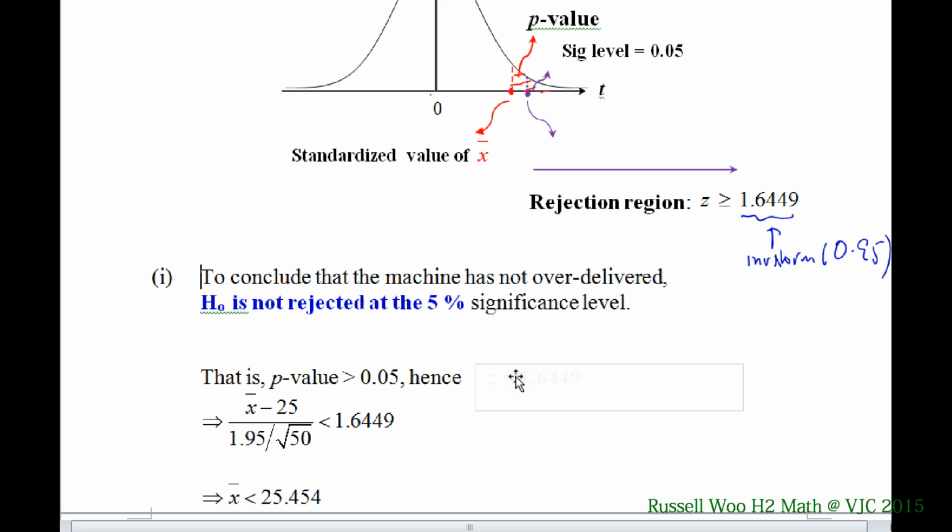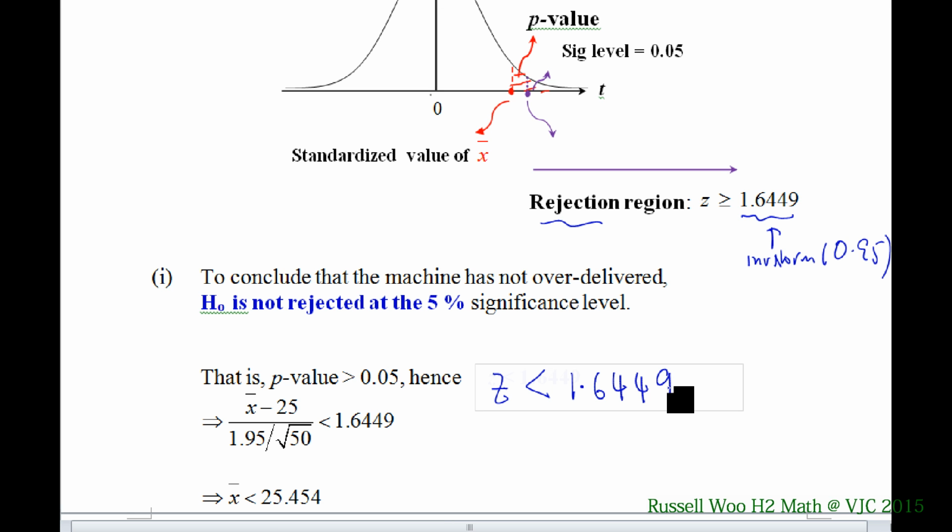Therefore, your Z must not fall inside here, must be here. It must be smaller than 1.6449. Because if it's inside here, you will reject. When it's here, you will not reject.